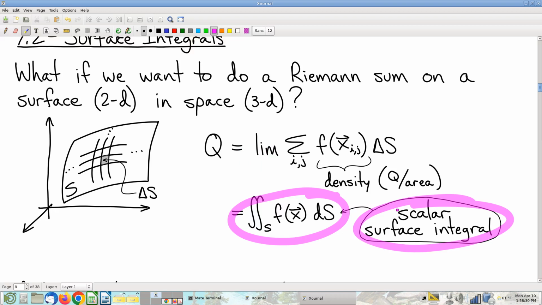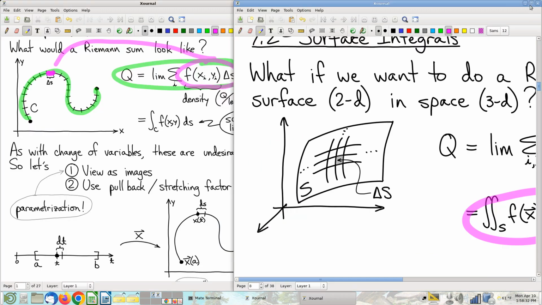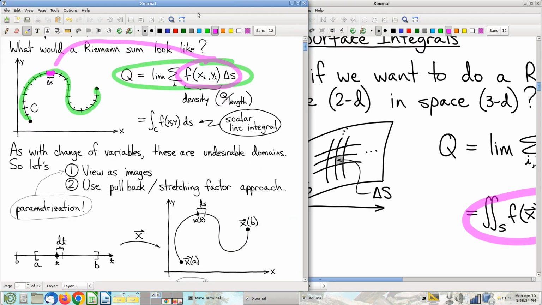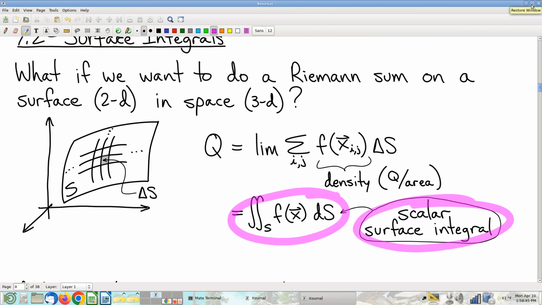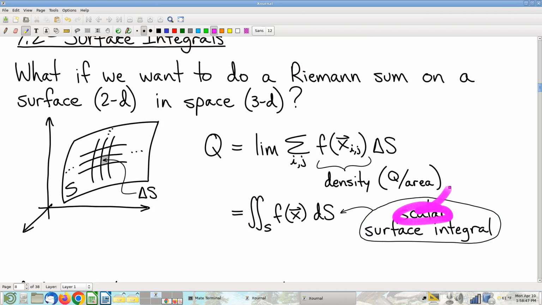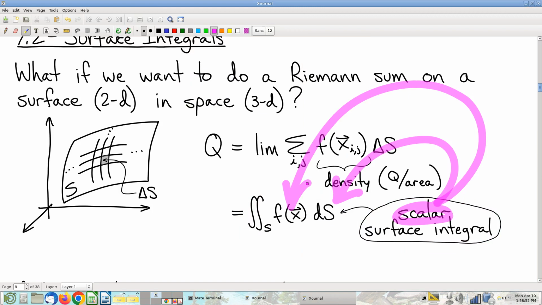Okay, now again, why the term scalar? Well, don't forget when we were talking about line integrals, we called this a scalar line integral because the differential is a scalar and the integrand is a scalar, so that seems reasonable. Well, same thing here, frankly. We call this a scalar surface integral because that's a scalar and that's a scalar. And why make the distinction at all?